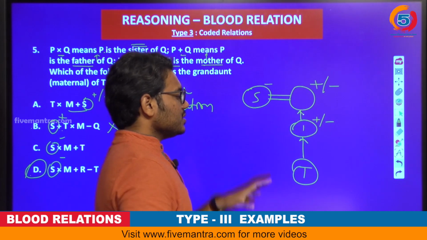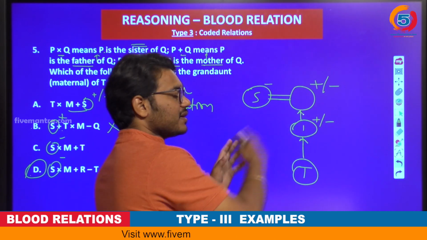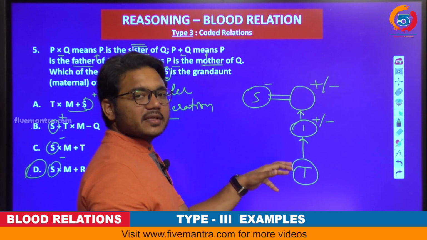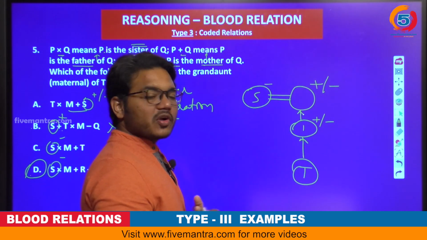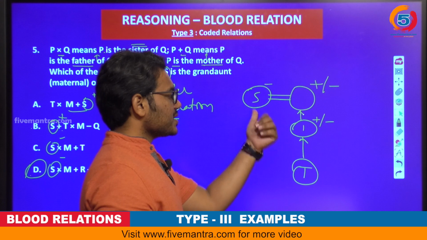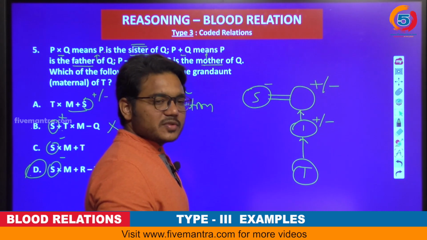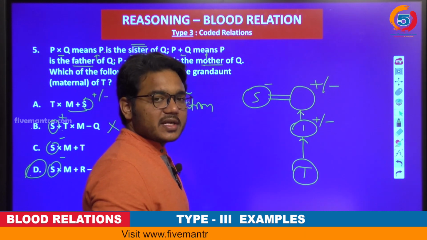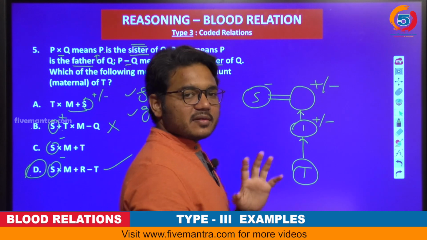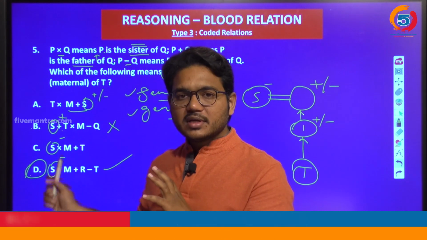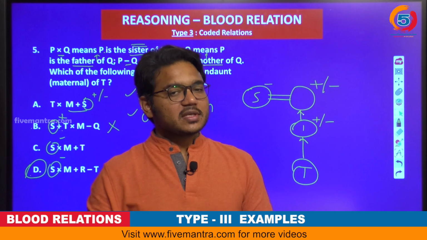Isn't this chart indicating that S is the grand aunt of T? So this chart indicates that, and try to identify the appropriate option with respect to this chart.